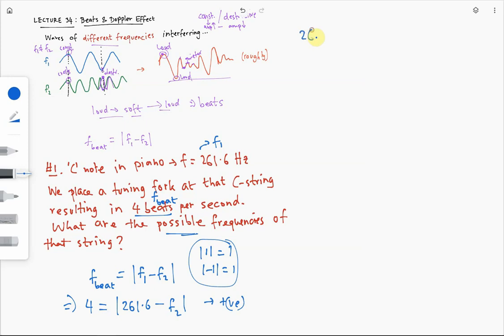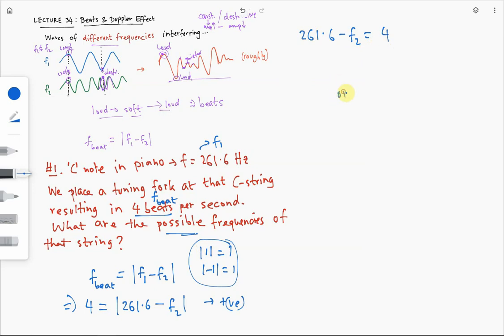Either you get the original number, similar to if you took the absolute value of 1, you get 1. Similar to that, if you took out the absolute value from the equation, this difference can be exactly positive 4.